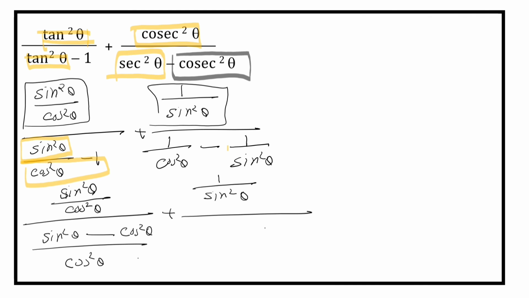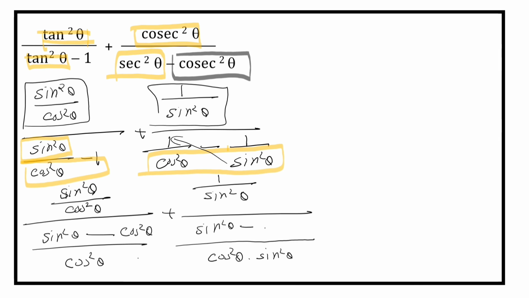Here LCM of the denominator is cos square theta into sin square theta. Here sin square theta minus cos square theta.